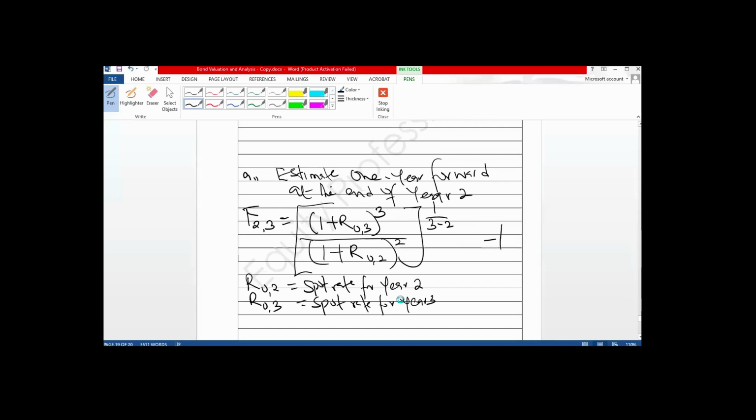Now, we need to calculate spot rates. We have been given information on 3 governments, 3 default-free bonds.